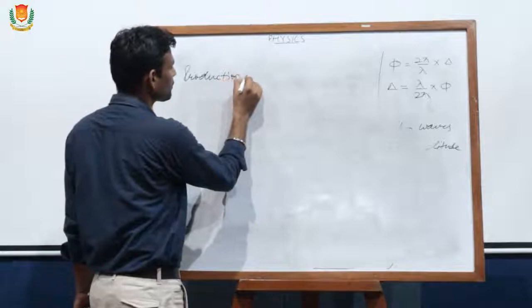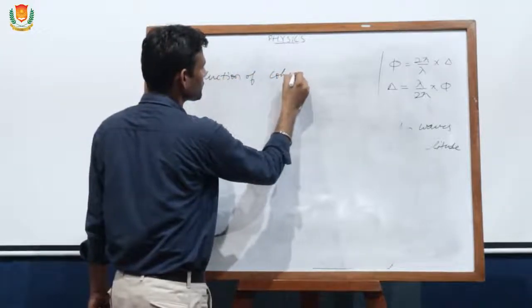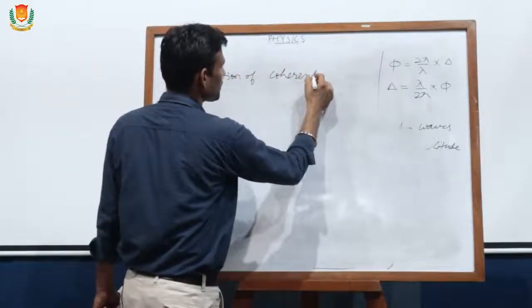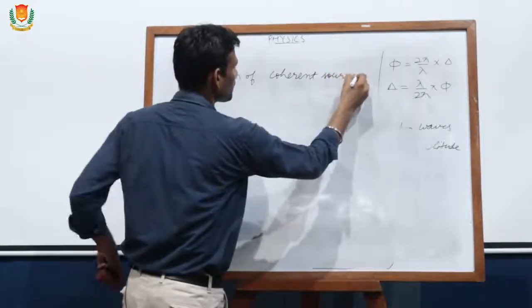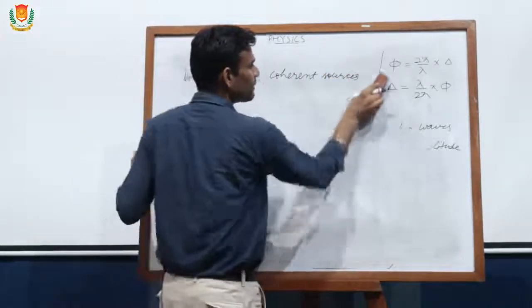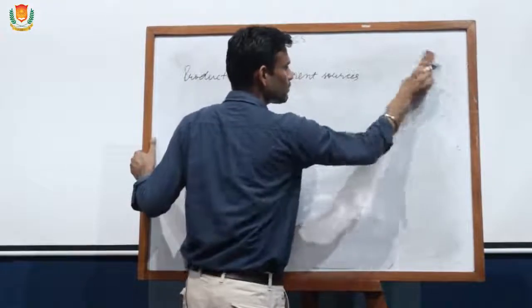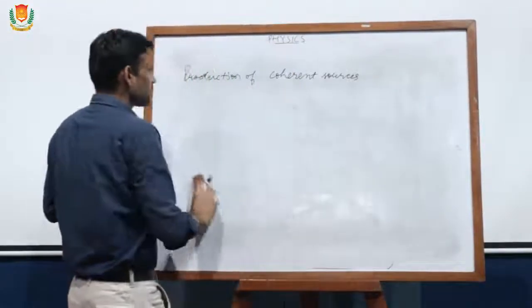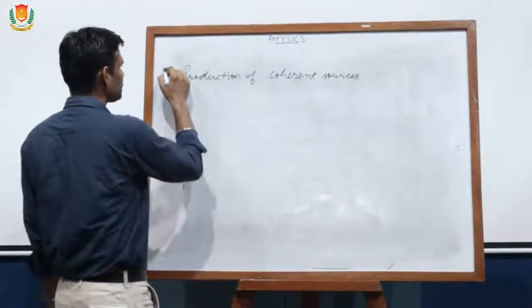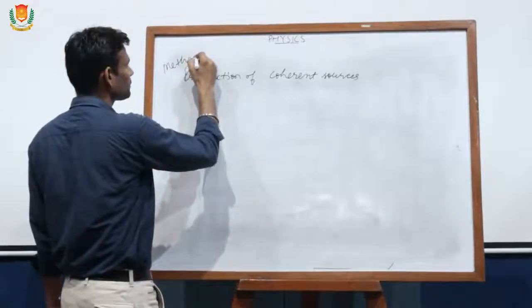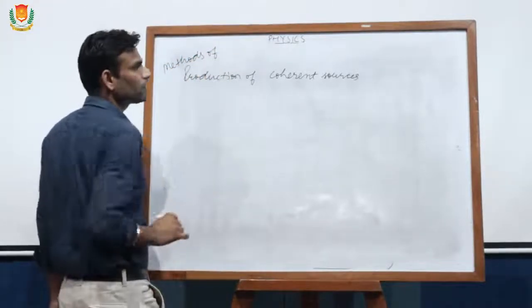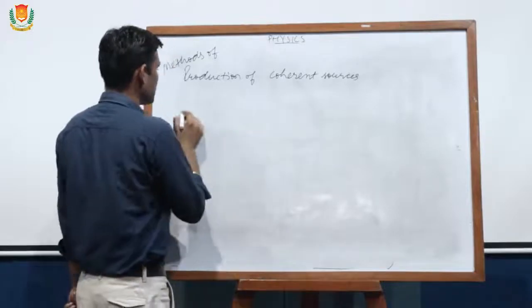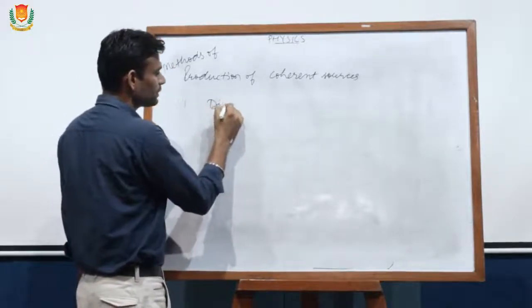Since two independent sources cannot be coherent, we have to produce them. So these are the methods of production of two coherent sources. Number one, division of amplitude.